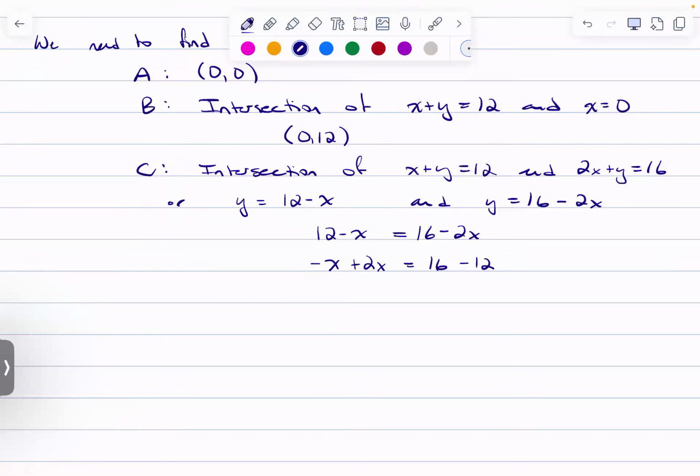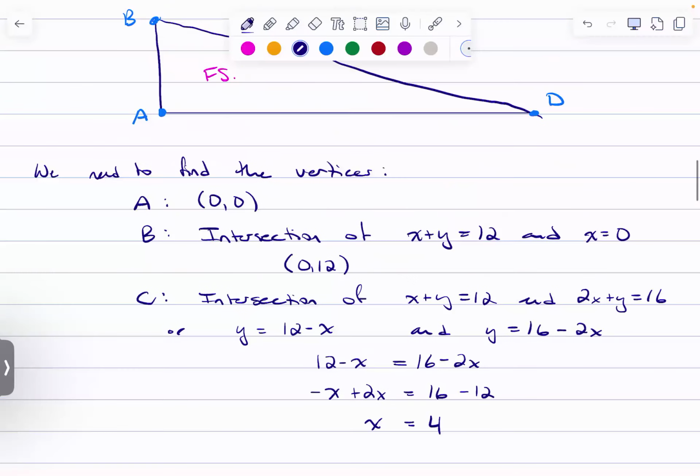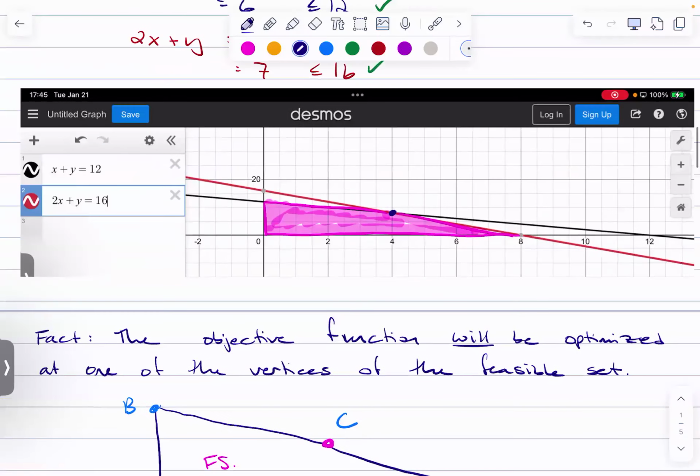Negative 1 plus 2 makes 1x, and 16 minus 12, I'm going to go for 4. We can check. In this case, we have the graph, and that looks reasonable. And so, okay, x equals 4.